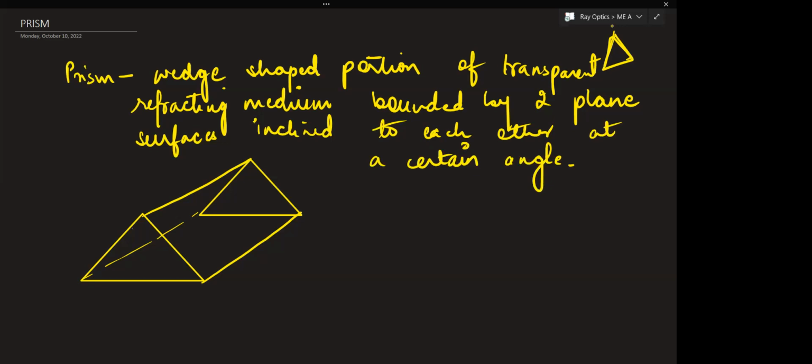So this angle that is formed is known as the angle of prism.